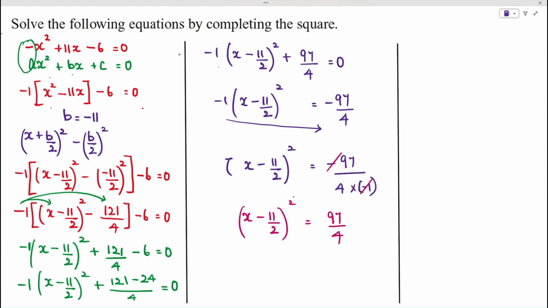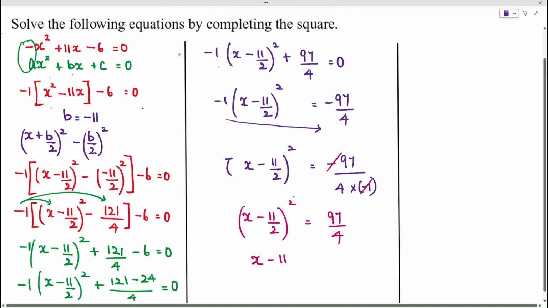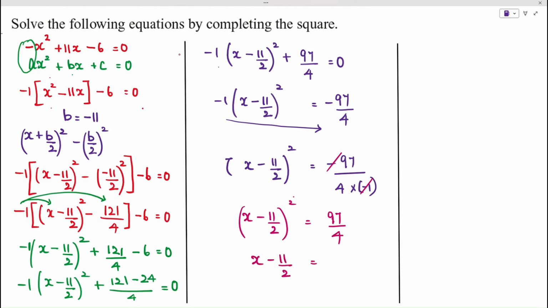For that we get x minus 11 over 2 is equal to plus or minus the square root of 97 over 4. Now we can take our 4 out of our square root by having our square root of 4 is 2. So we have x minus 11 over 2 is equal to plus or minus root of 97 all over 2.